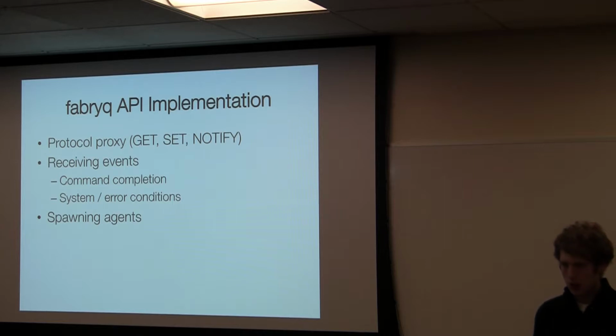As for the actual low-level communication with the devices, we have what we call a protocol proxy, where it allows you to use the same exact commands you would use to communicate with a Bluetooth device as if you were locally connected through the Linux stack or iOS stack. So you can say get and set and notify of the GATT table of any kind of Bluetooth device.